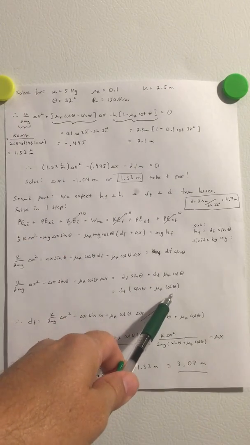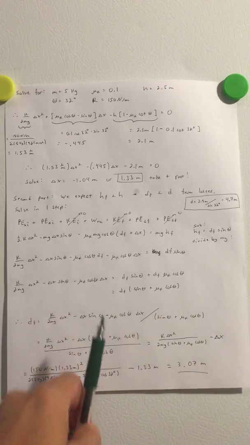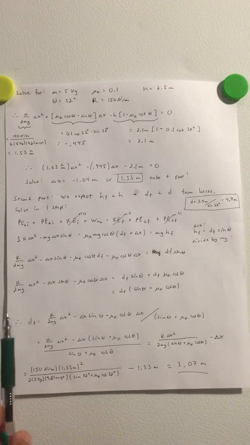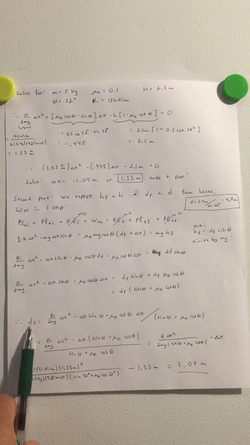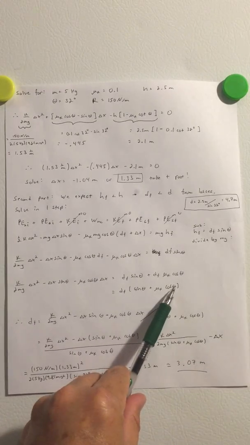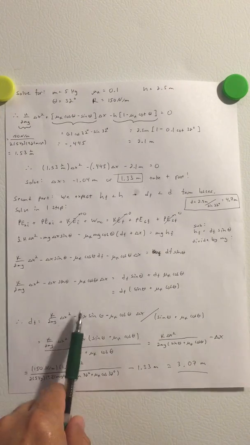df times (sine theta plus mu k cosine theta). I've got a delta x here, I've got a delta x here. So as I'm moving all this stuff around, I'm going to factor that out at some point. In this step, I solved for df. It's equal to this stuff divided by this factor. And here, I'm going to factor out the delta x.